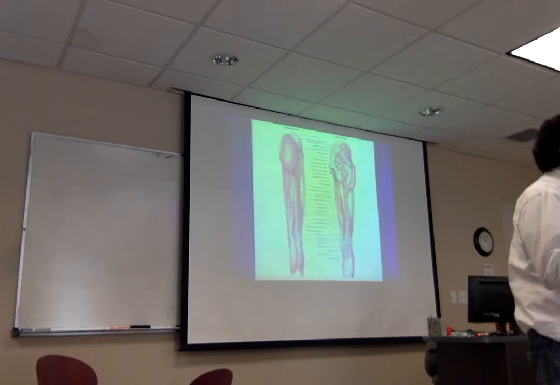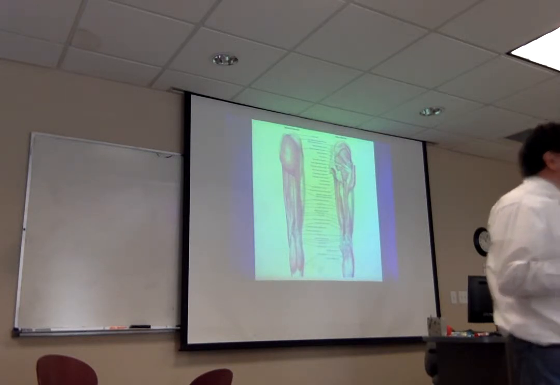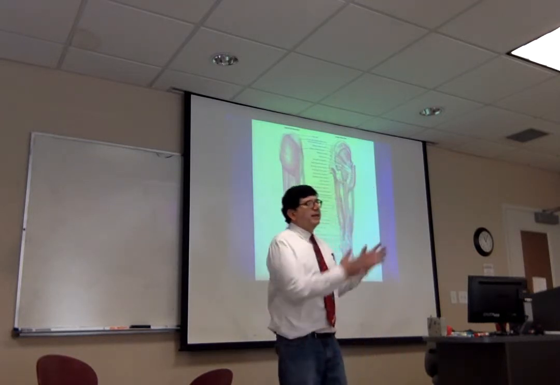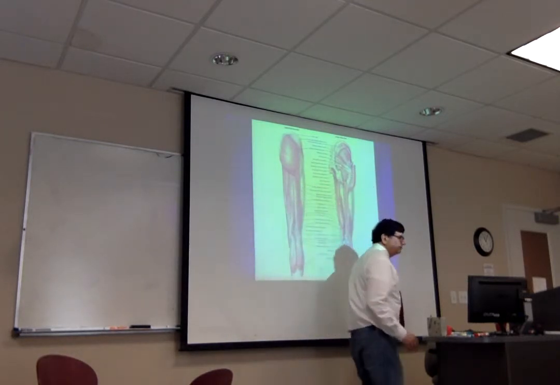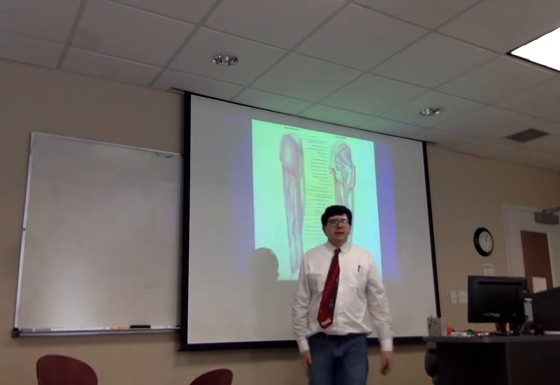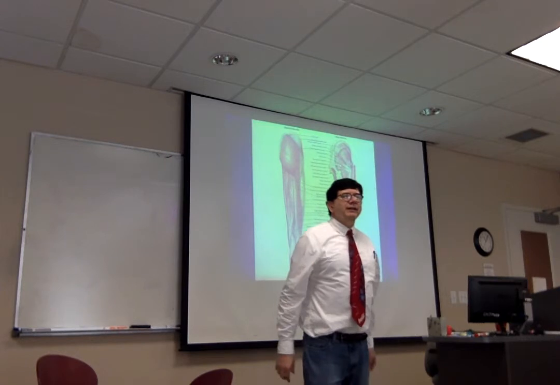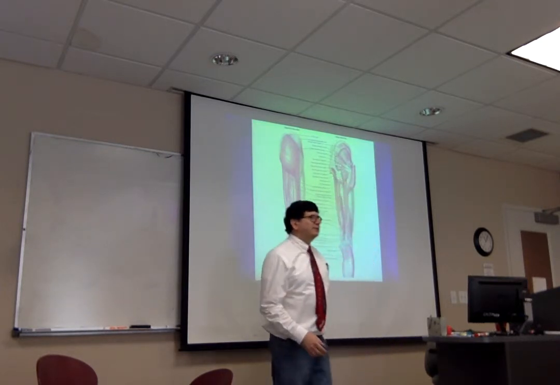Whatever works for you. Semi-memi is right here, medial, then semi-tendy, then biceps. That's how I was just gonna remember. Wait, do it again. So does it matter which side? It doesn't. Semi-memi, semi-tendy, biceps femoris. Okay, does that make sense? Medial to lateral.